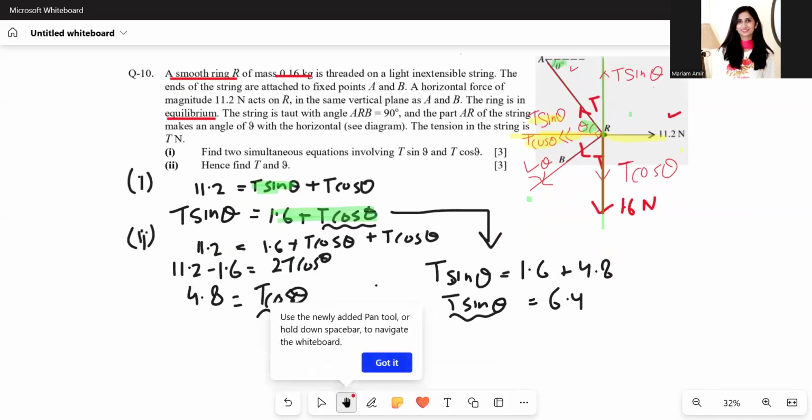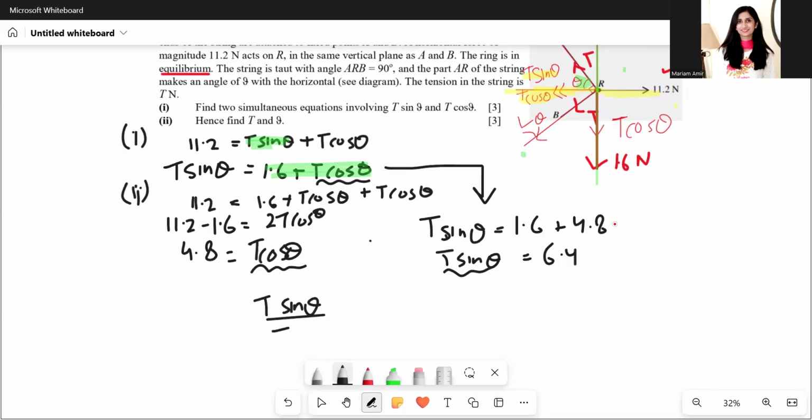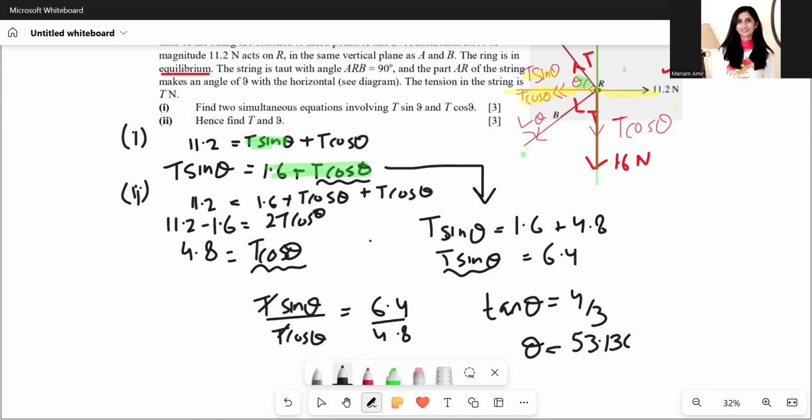Now we can divide these. T sin theta over T cos theta equals 6.4 over 4.8. So tan theta equals 4 over 3. So theta equals shift tan of 4 over 3, which is 53.1301, so 53.1 degrees.